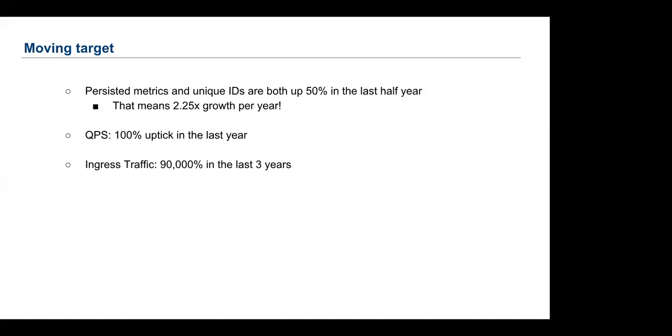This is mainly because as our stack gets better, more people try to adopt it, and the more automated things we build into it, the more the usage grows. So we have a moving target which we had to chase while designing our metric stack. That's why we had to build a system which can scale out easily without much manual intervention or manual sharding, which some other systems require.